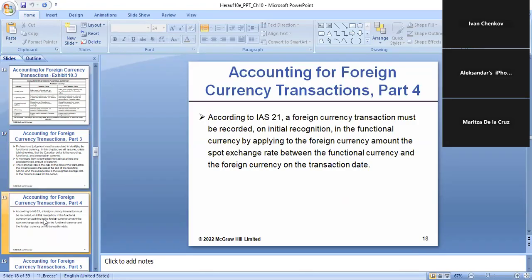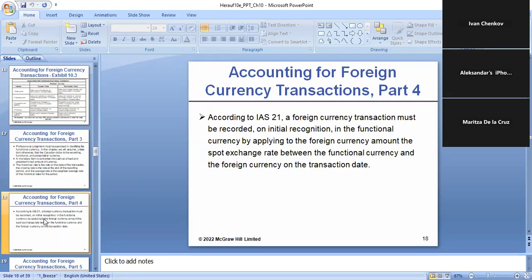Now, according to the International Accounting Standard 21, foreign currency transactions must be recorded on the initial recognition in the functional currency by applying the foreign currency amount at the spot exchange rate between the functional currency and the foreign currency. That's why it's very important to establish which one is the functional currency.